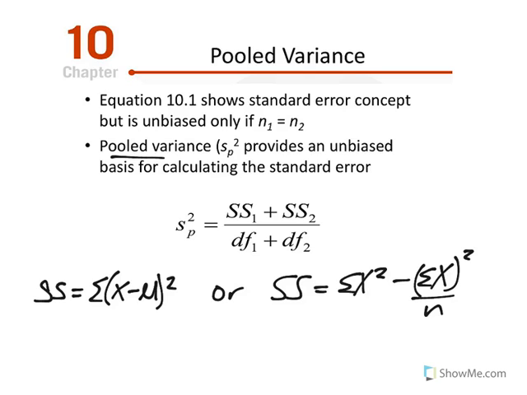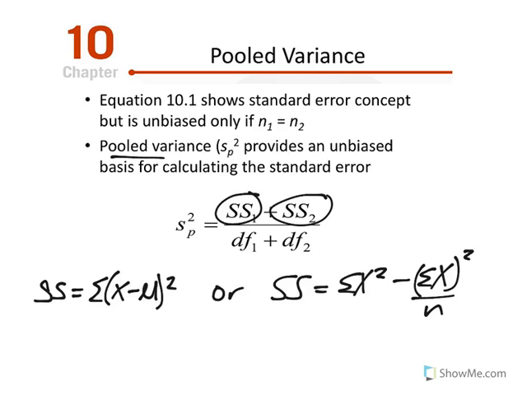So again, this is from chapter 4, but we're going to need that to compute these values. In some cases, those values may be givens, but we shouldn't lose sight of how they were computed in the first place.